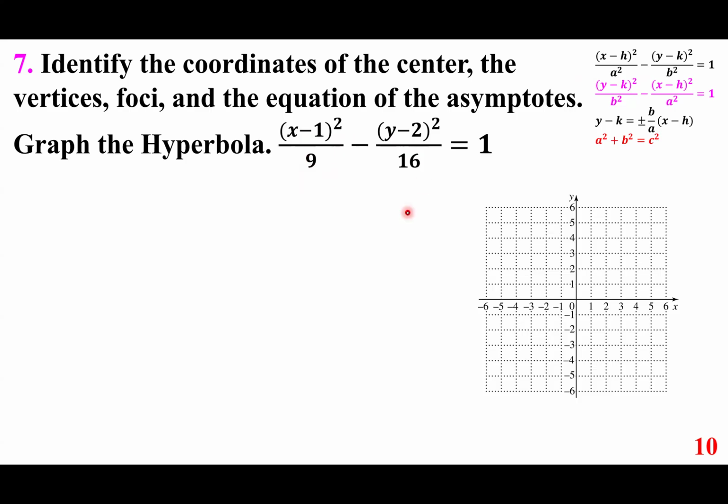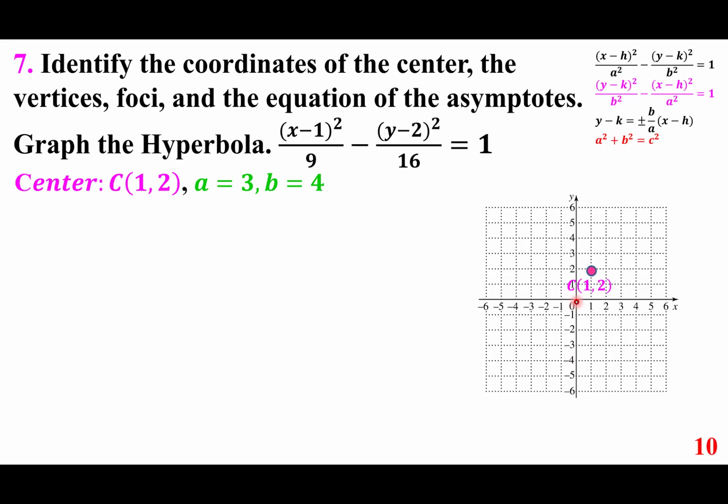B is square root of 16, which is 4. And again, because the coefficient of x squared is positive, it's going to open sideways. So the center is at 1, 2. So we go from 0, 0, we go 1 to the right, 2 up. And so we have that.